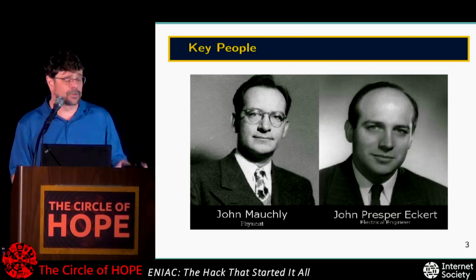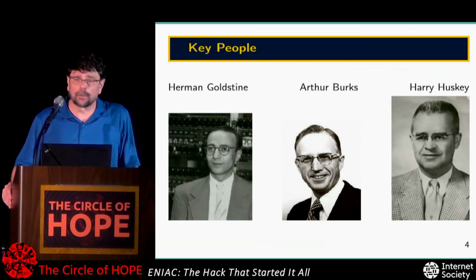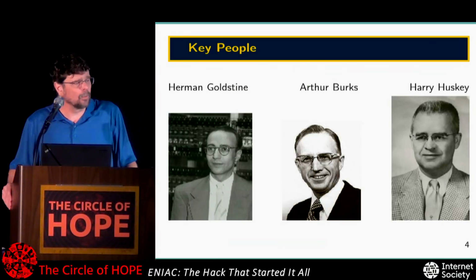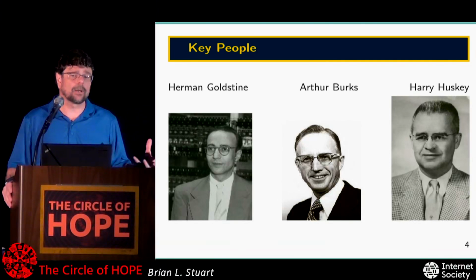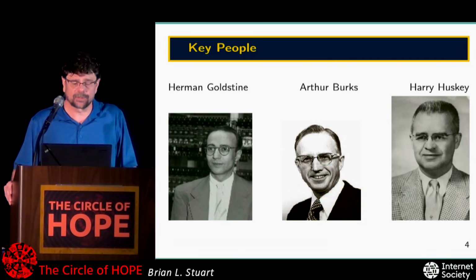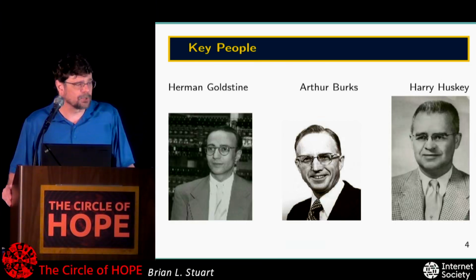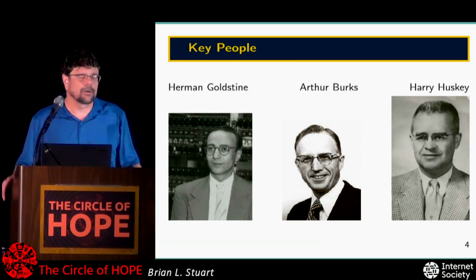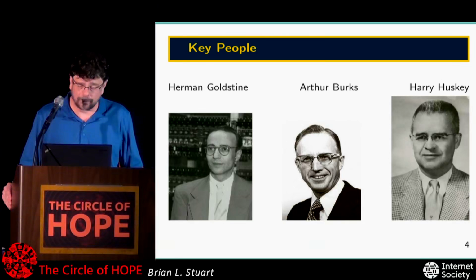Now, there are a few other individuals I want to mention in the course of this. On the left, we have Herman Goldstine. He was a captain in the Army, and he served as the liaison between the Army and the project at the university. Arthur Burks in the middle was a mathematician at the university, and his biggest area of responsibility was the design of the multiplier that we'll talk a little bit about later.